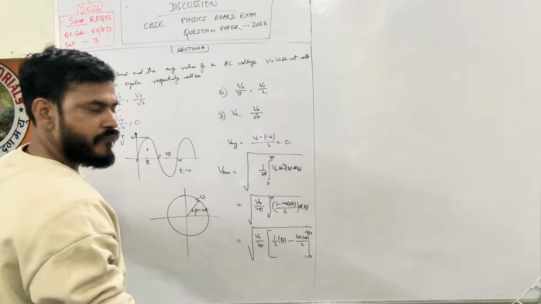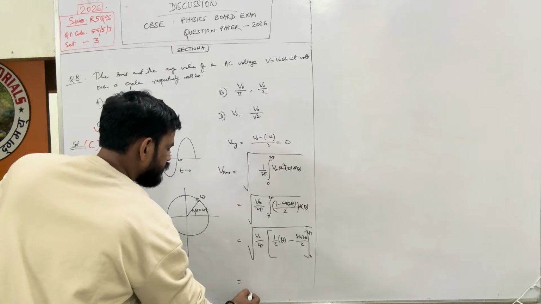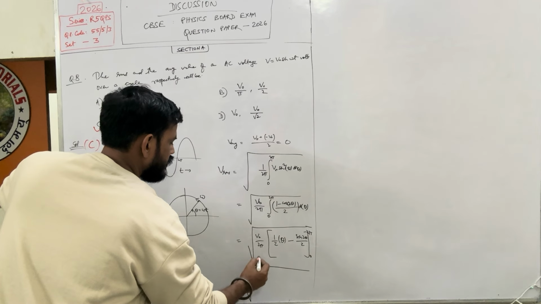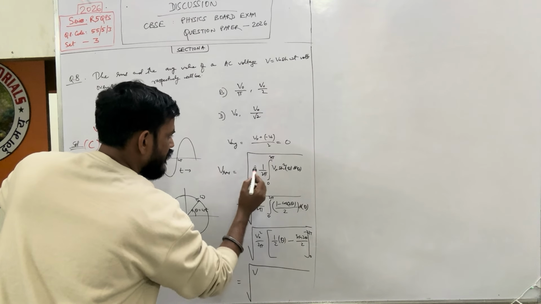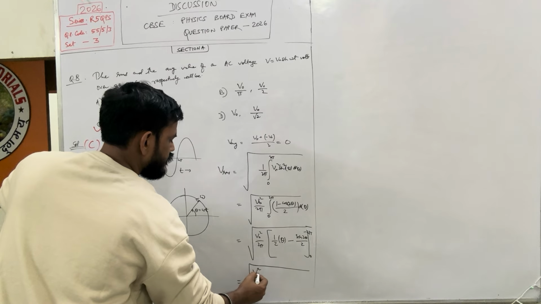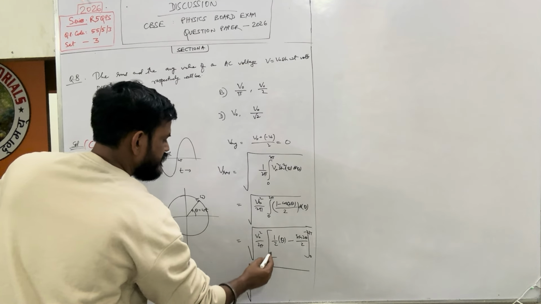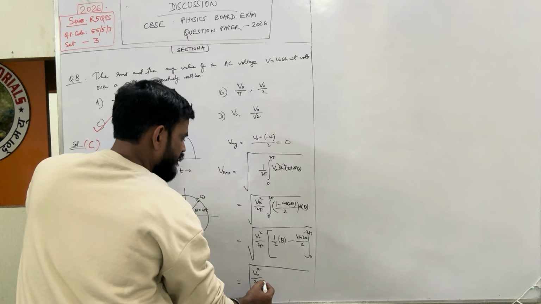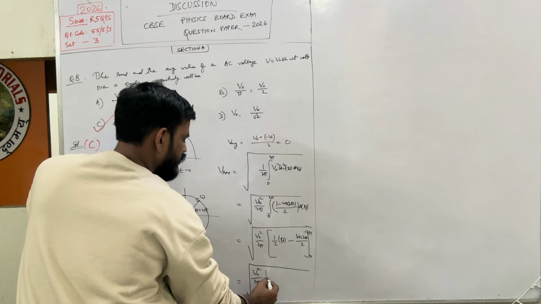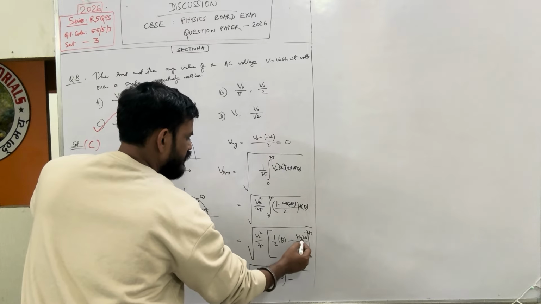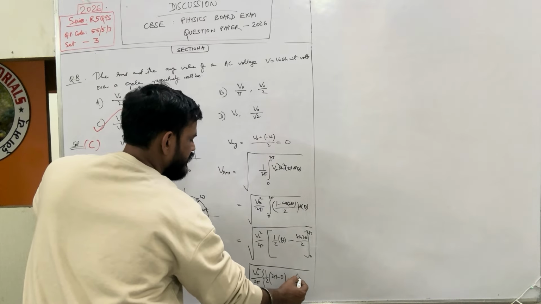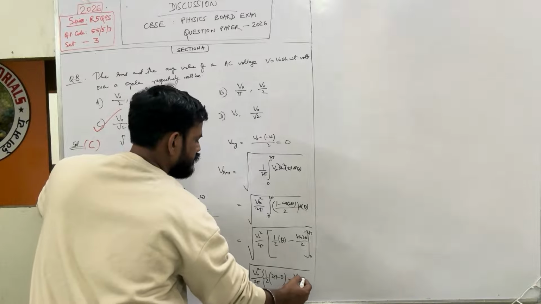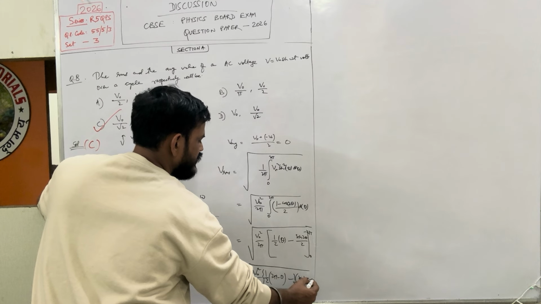Now if we put this value, V naught square by 2 pi, upper limit and lower limit you take, half outside, so 1 by 2 pi minus 0 minus, if you put sine 2 omega t, this becomes sine 4 pi minus sine 0.